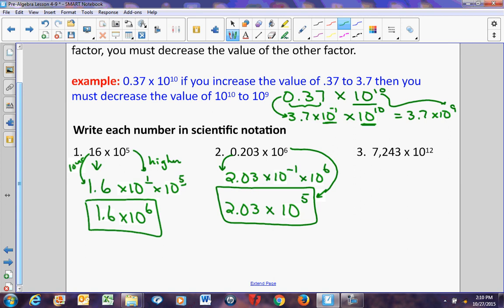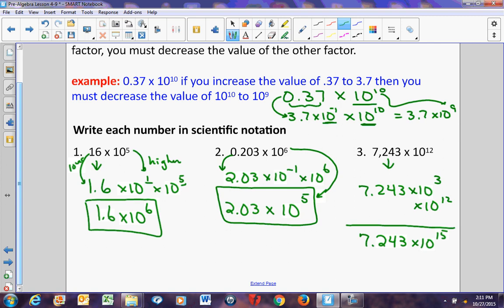7,243 times 10 to the 12th. Okay, so here we go. 7,243, go to the scientific notation, 7.243 times 10 to the third power. And I already have a 10 to the 12th power, so if I add those together, I'm going to get 7.243 times 10 to the 15th power.